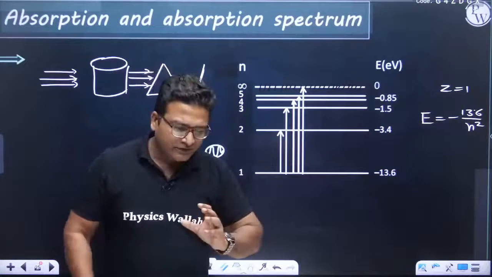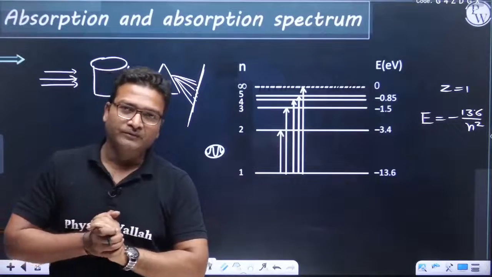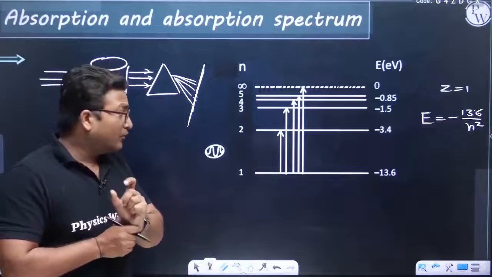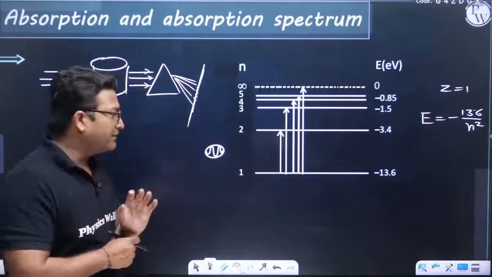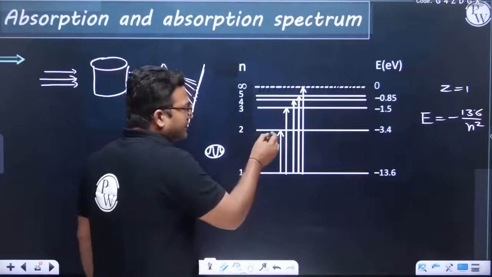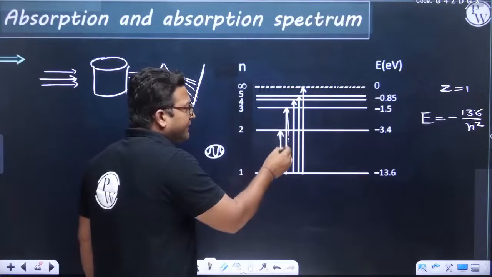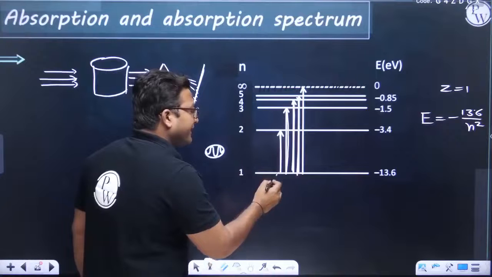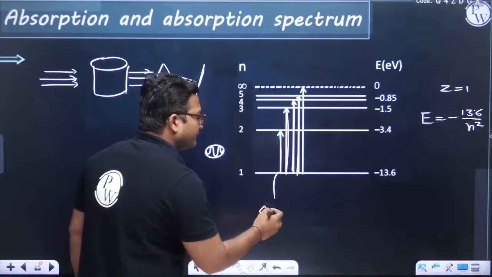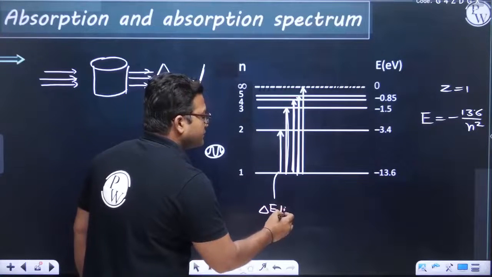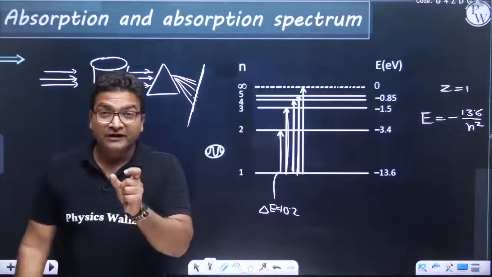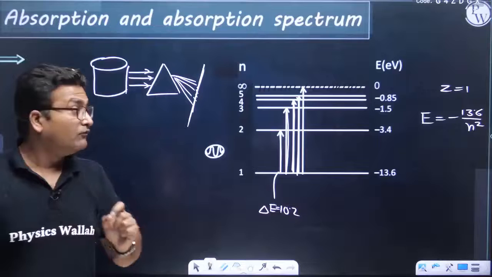So these observations show that a photon is absorbed only if it has energy equal to this gap, or this gap, or this gap, or this gap. Actually, this gap has an energy difference of 10.2, so the photon having energy exactly 10.2 will be absorbed.